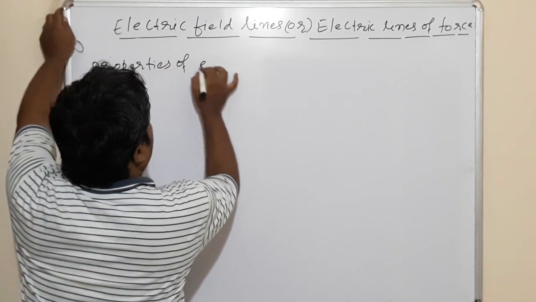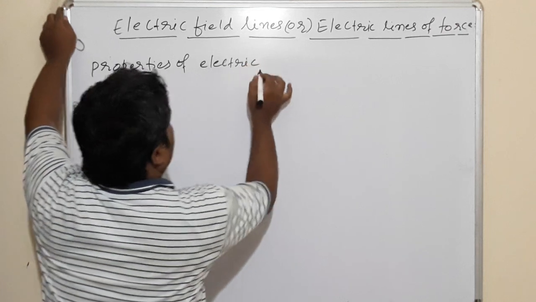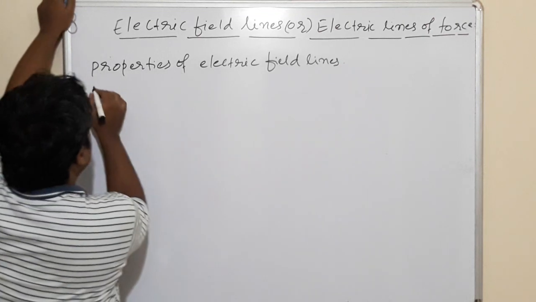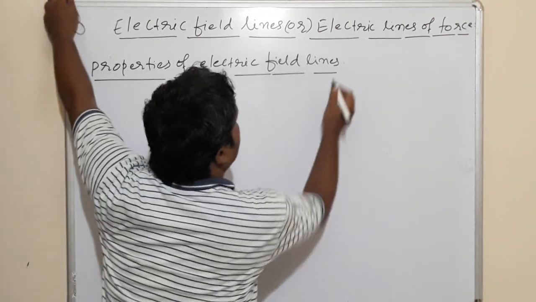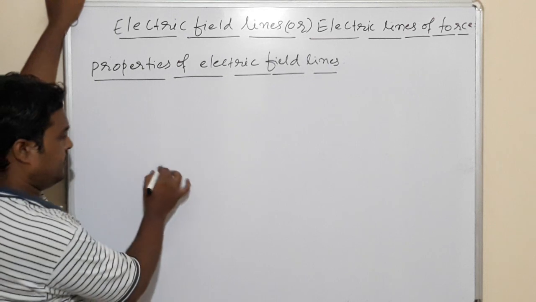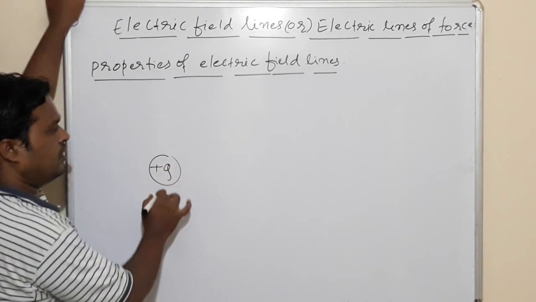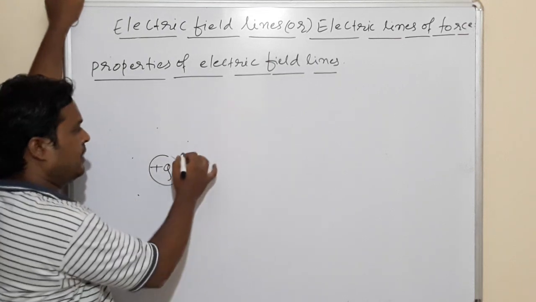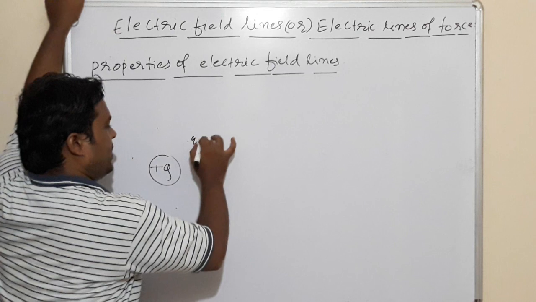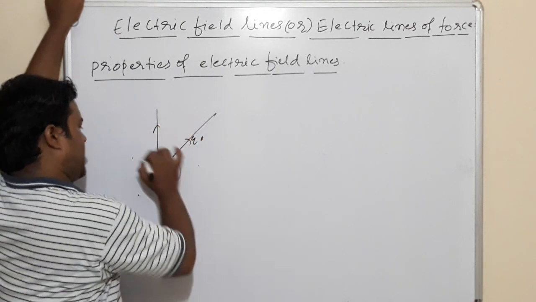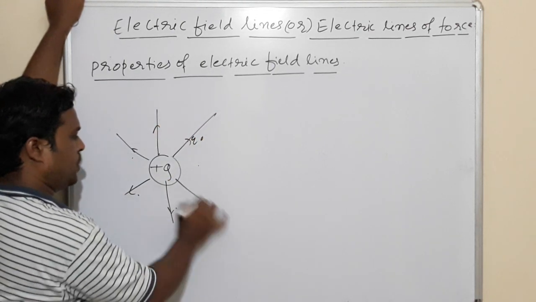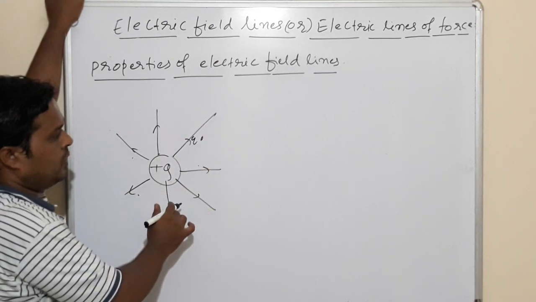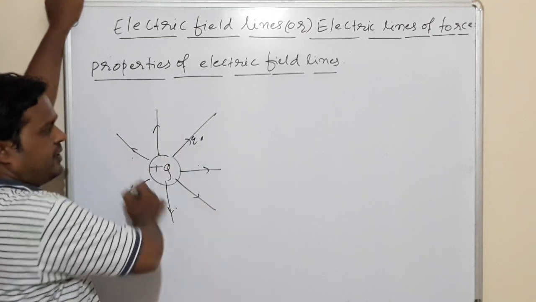Properties of electric field lines. If it is a positive charge like this, anywhere you keep the test charge, it will move along this path, and these lines which are directed away from this positive charge, along which this test charge can move, these paths represent electric field lines.